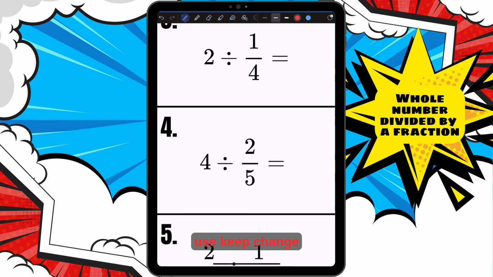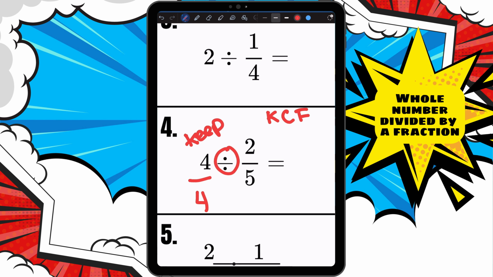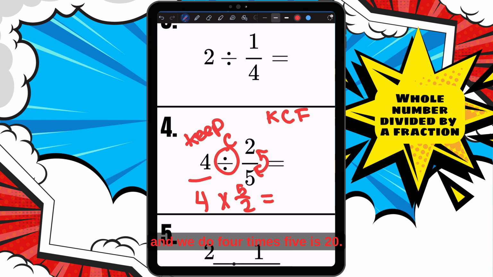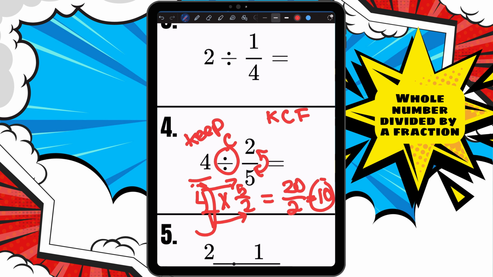So you keep the first term 4, you change division to multiplication, and then you flip 2/5 into 5/2. Now 4 times 5 is 20. And this is the same as 4 over 1 because 4 divided by 1 is 4, so we're not changing the numerical value. And then 1 times 2 is 2. And we get the same answer, 10.